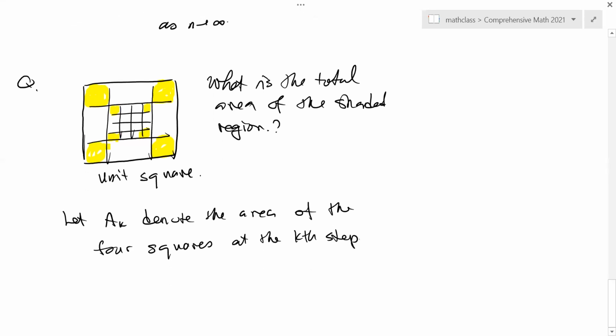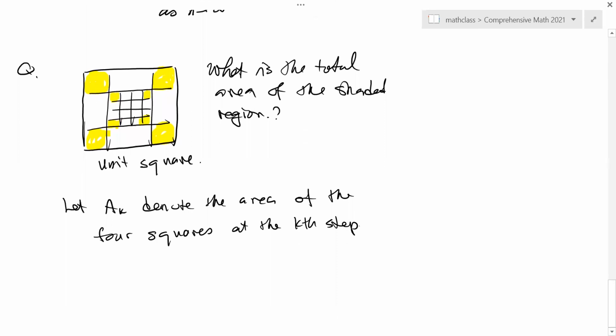Step 1, step 2, and so on. All I have to do is figure out this formula in general, then add them together. The total area will be A1 plus A2 plus A3, and so on.